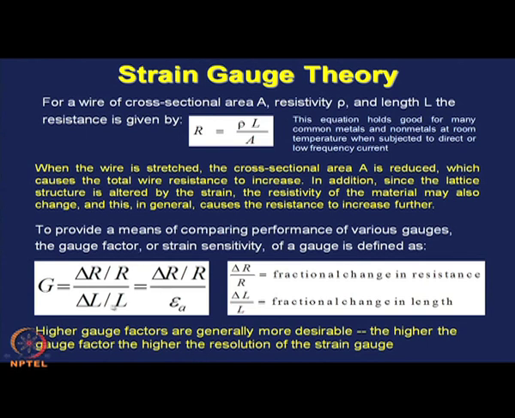The gauge factor can be defined as delta R by R over delta L by L. So, this is the fractional change in resistance, delta R by R, divided by axial or longitudinal strain, which is fractional change in length, delta L by L. Higher gauge factors are generally more desirable.